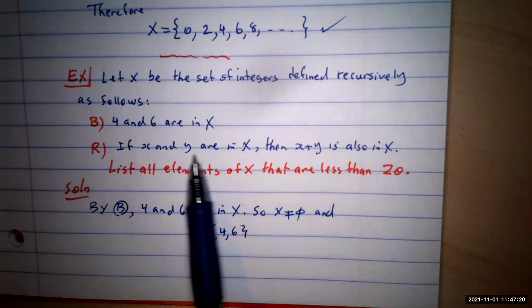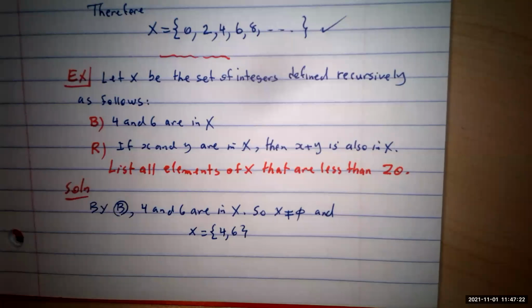Now what's the machine? The machine is that if X and Y are in X, then X plus Y is in X. So you already got 2 elements, 4 and 6, so we can apply these two to the machine.